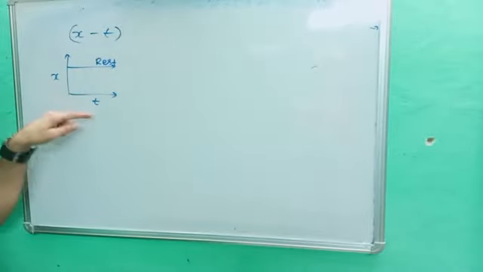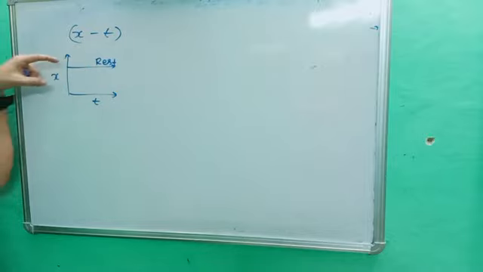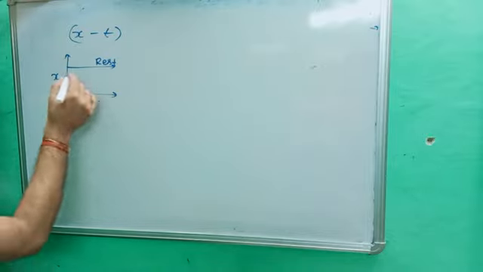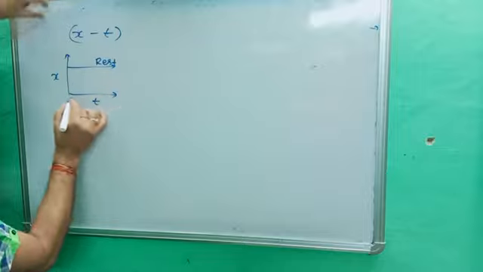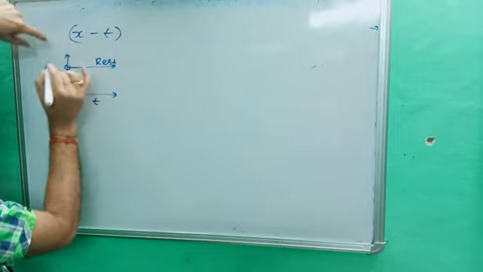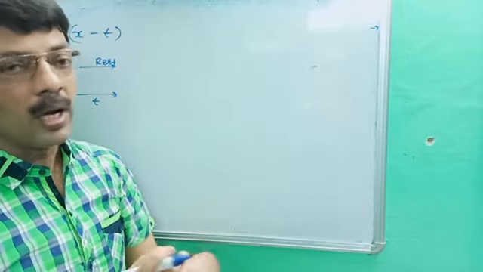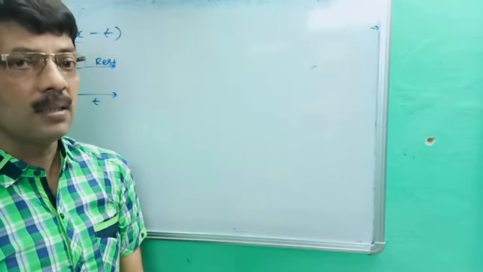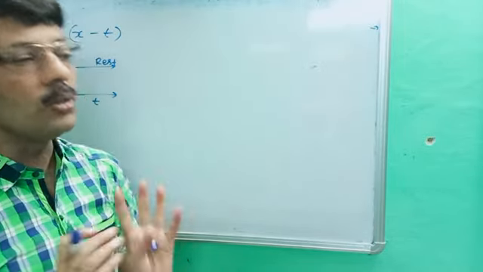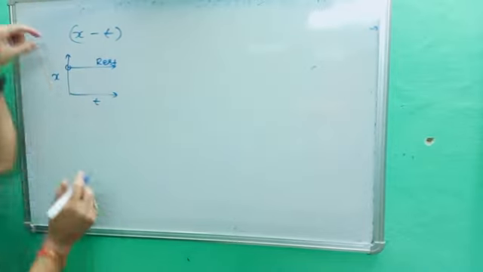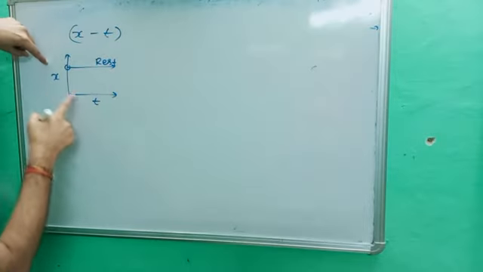If in an xt graph you are getting a line parallel to time, it means time is increasing but position is not changing. As if you are standing somewhere and time is going 1 hour, 2 hours, 3 hours, but you remain in the same position. It means you are at rest. That's why this is called a body at rest in the x-t graph.